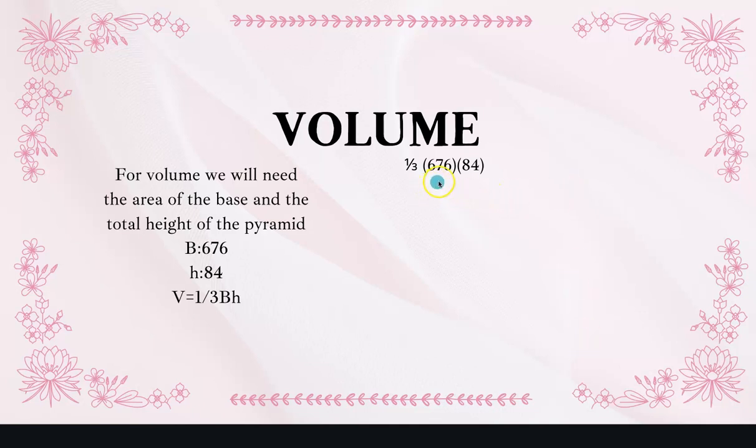So we got 676 times 84, which is 56,784. And then we're going to divide that by 3, which gets you volume equals 18,928 yards cubed, because when you find the volume, you cube it, because that's how much stuff goes on the inside.